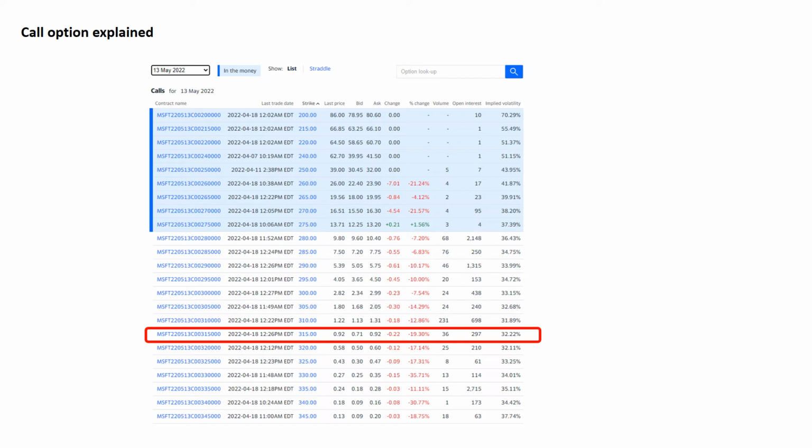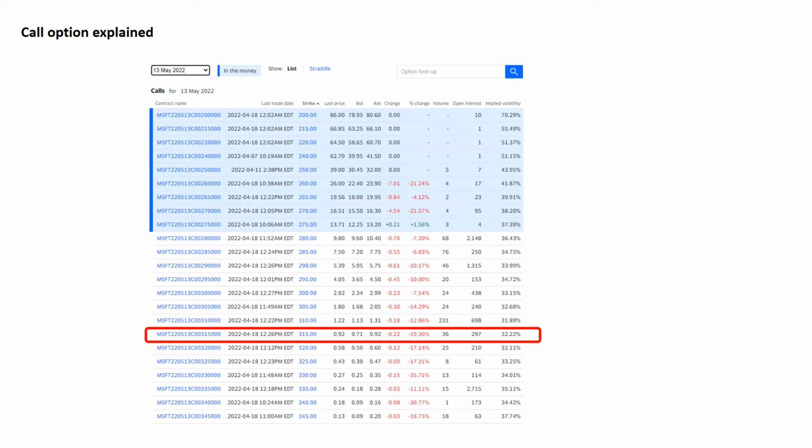So you then can go into the option chain for Microsoft and you pick a date. So let's assume you want to pick a date of the 13th of May 2022. And like we said, you've bought Microsoft shares, you've owned 100 of them. You're agreeing to sell Microsoft shares at $315.